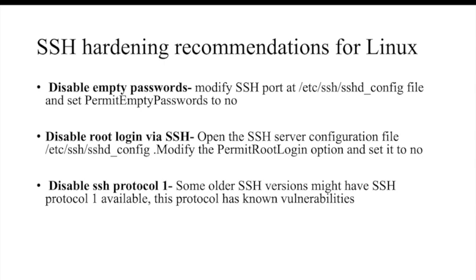Open the SSH configuration file and modify the PermitRootLogin option and set it to no. Disable SSH Protocol 1. Some older SSH versions might have SSH Protocol 1 available. This protocol has known vulnerabilities.